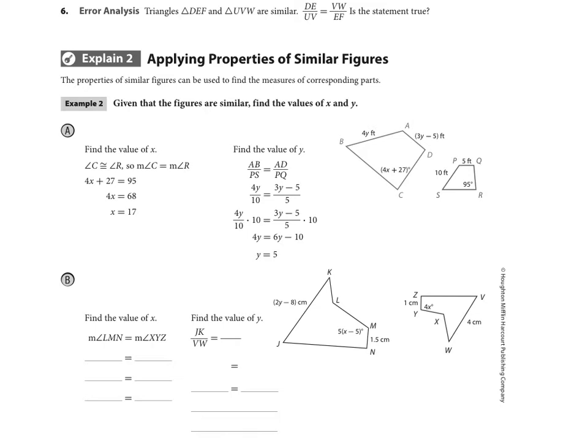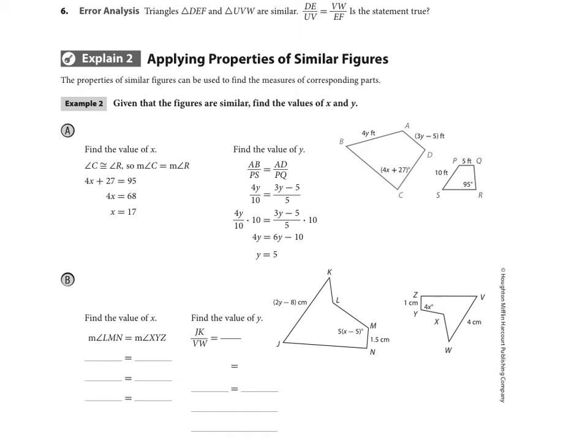On page 604, we are working with the idea of similar figures. And remember, similar figures have corresponding sides that are proportional. So this is the type of problem that we might see.